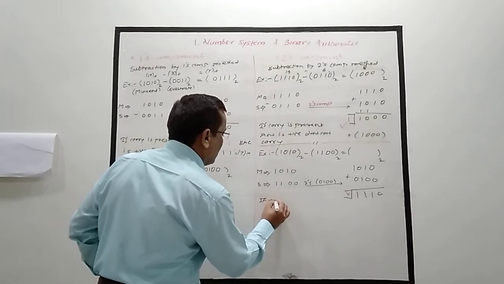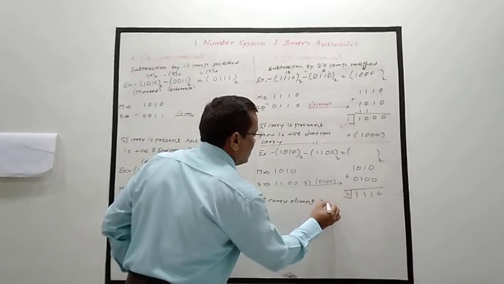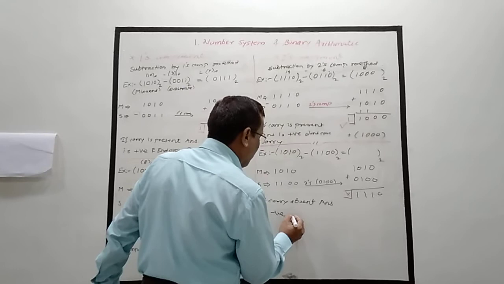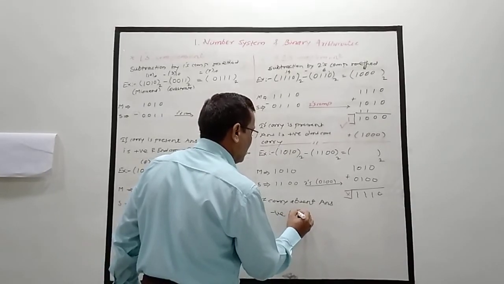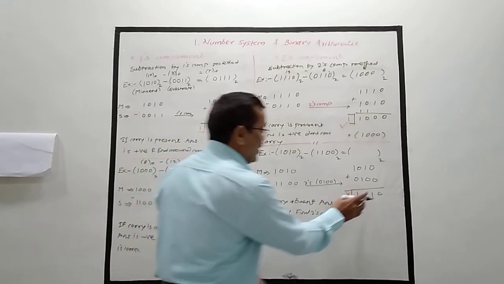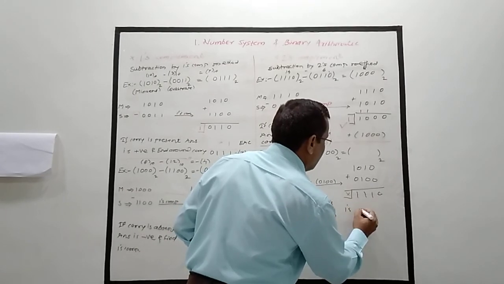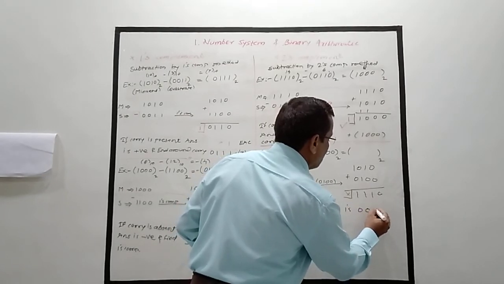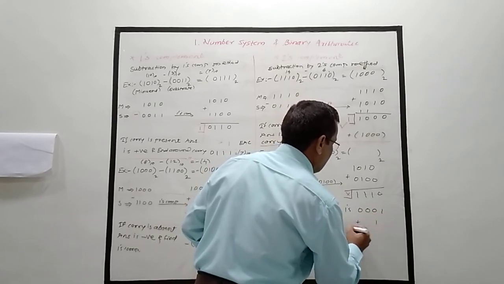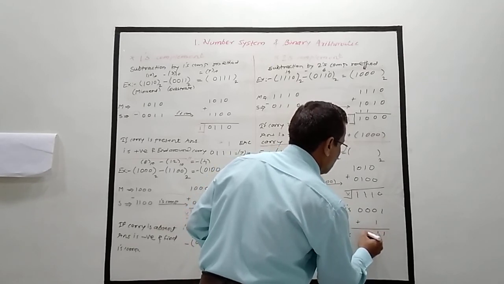If carry absent, answer is negative. Then what to do? Find 2's complement of the addition. Now what is the 2's complement of this addition? First of all, find 1's complement. 0001 plus 1. 2's complement 1100.